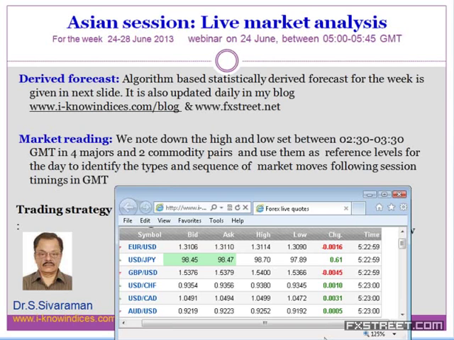So we need to understand whether they are going to breach the low or breach the high, and thereby we'll be able to take an appropriate trading decision. And it is very simple. During the session start or the close time, if you watch, they will either make a downward stop and or an upward stop and. When they make an upward stop and, take a sell. When they make a downward stop and, try to take a buy.